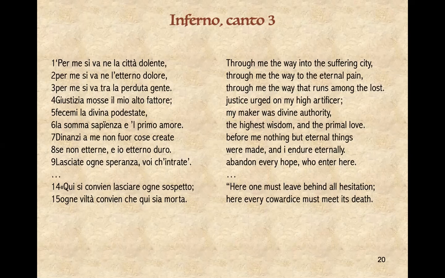So whereas the door says abandon every hope, Virgil, as Dante's guide, instills in Dante hope and courage. And those are the fundamental elements of the moral life that will guide Dante and Virgil into this journey.